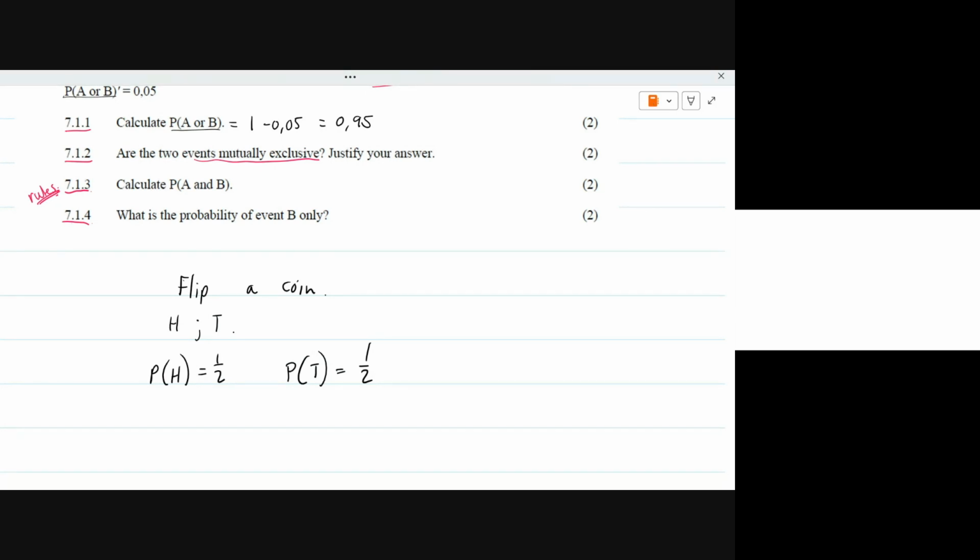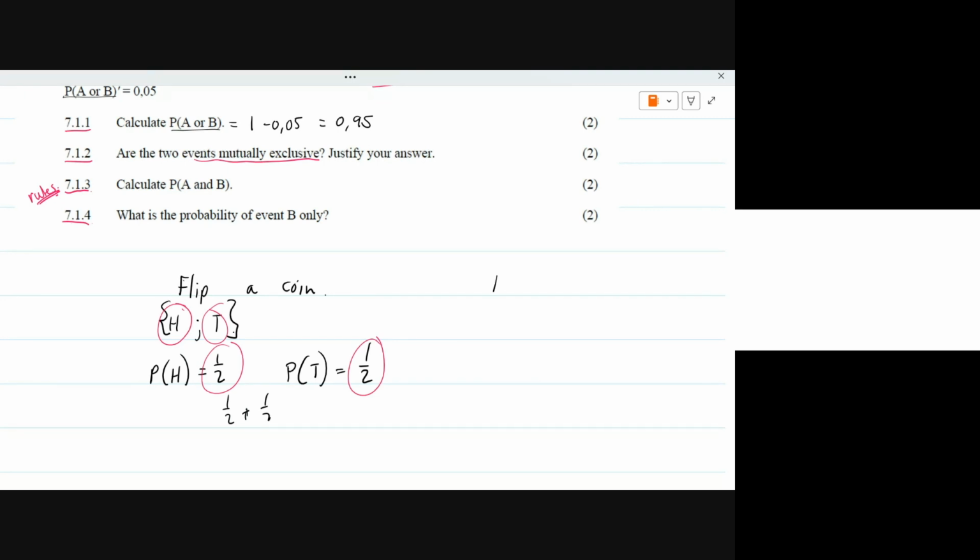Good. I know that the probability of all the possible outcomes in my space must add up to 1. So the probability of heads and the probability of tails must add up to 1. So a half plus a half will equal 1, right? So the probabilities must always add up to 1.